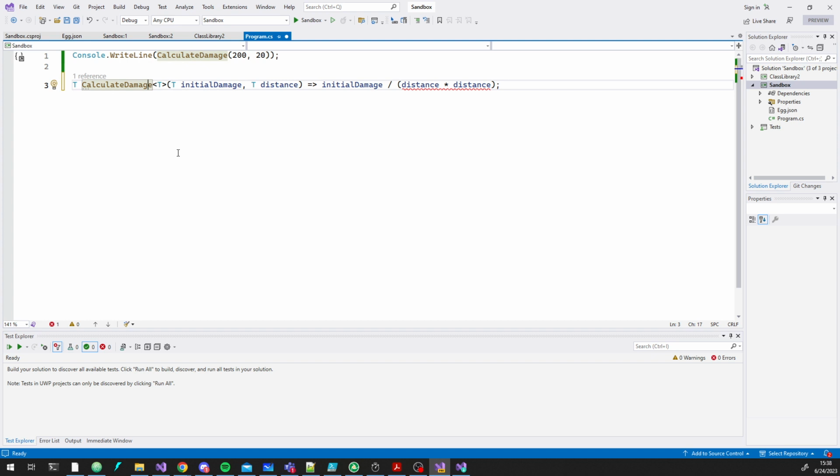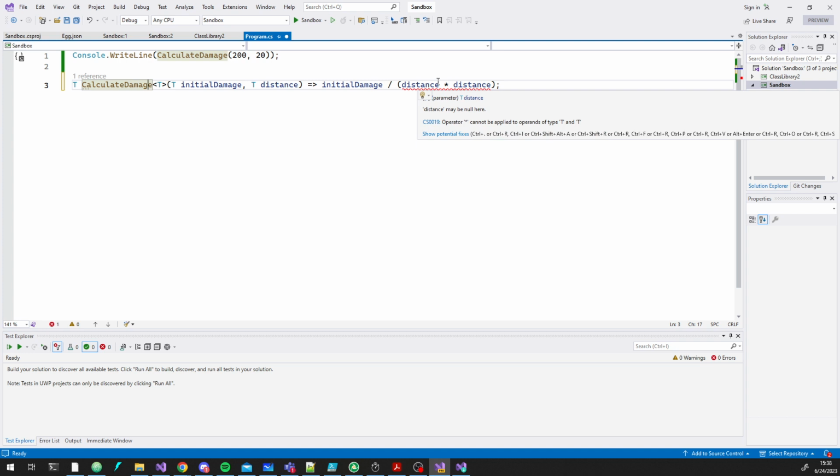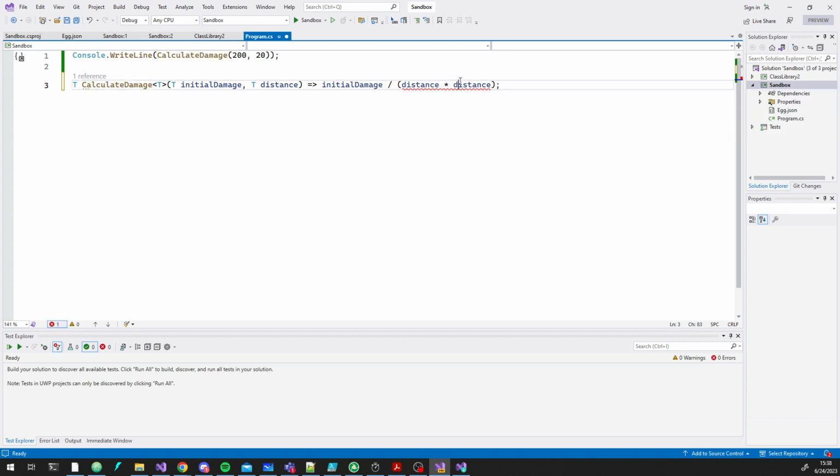It's very close. The catch is, this is saying I don't know what T is, and so I can't guarantee that this mysterious, to-be-decided-later T type actually supports multiplication. And actually, if we didn't have this, I think it would complain about the division, because it's also true there.